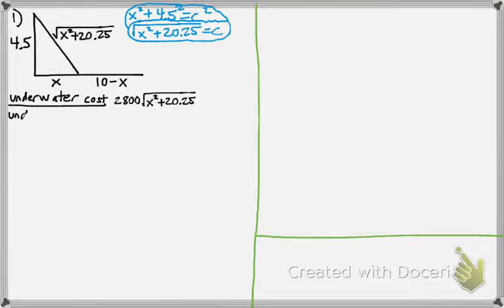The underground cost, I know the cost per underground is 1,500, and I know my distance is 10 minus x.